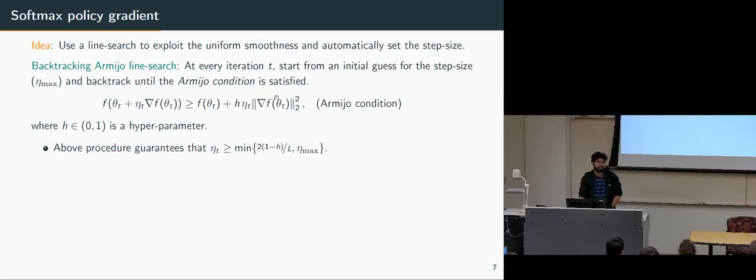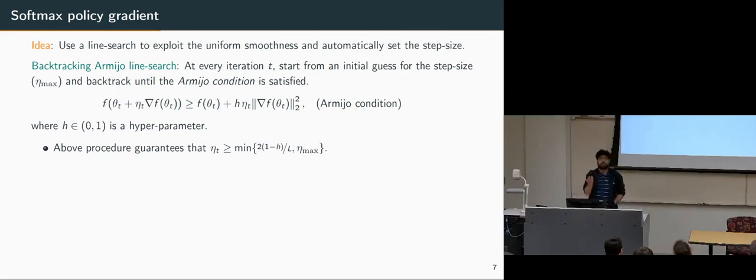It should be sufficiently larger, where how large depends on the gradient norm. And h is some hyperparameter which we are going to set to be half. This automatically guarantees that eta t is greater than something which scales as 1 over L. So set eta max to be very large, and this gives you large step sizes.